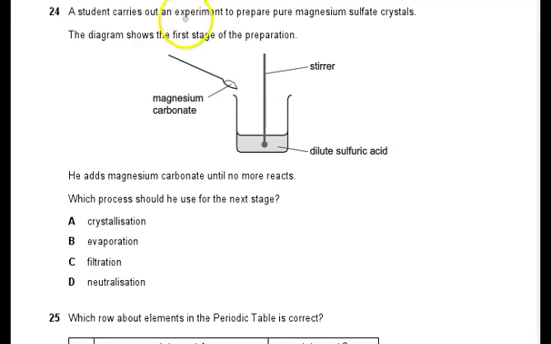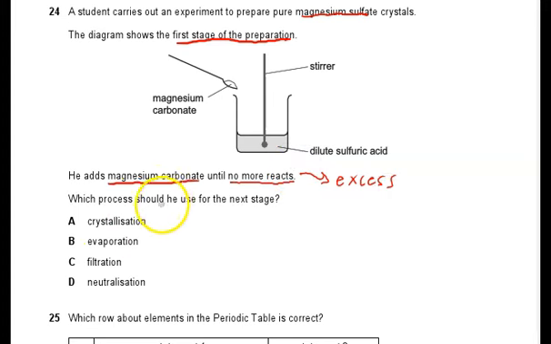A student carried out an experiment to prepare pure magnesium sulfate crystals. This is the first stage of the preparation, and he adds magnesium carbonate until no more reacts. It means it is in excess.